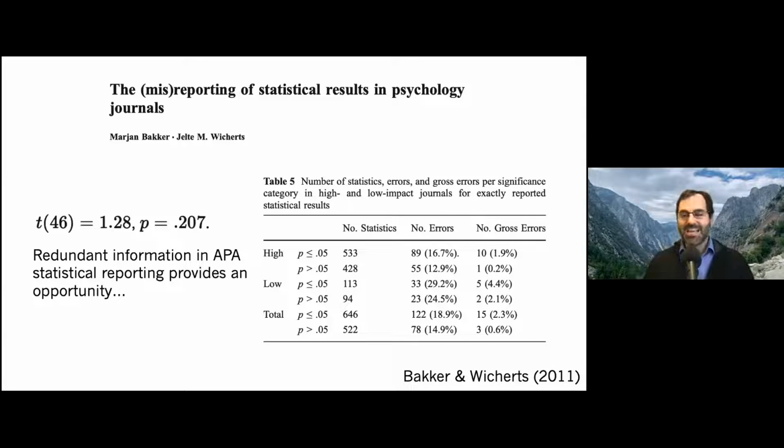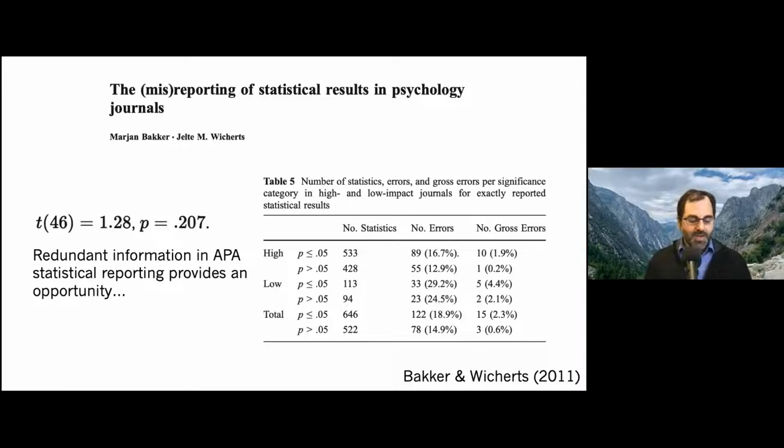So that might change the inferential conclusions of the test. And there were more such gross errors and more errors overall when the p-values were below 0.05, suggesting that there might be some mechanisms at work related specifically to the, quote, significant results in these papers.